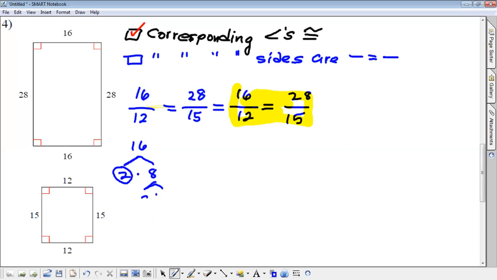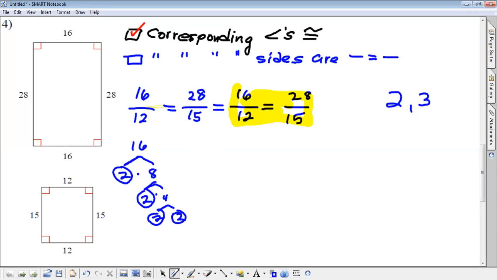Good, 2 and 4. Factor of 4, can I use 1 or 4? 2 and 2, and what you should know by now is 2 is prime. So I'm done with 16, they're all prime numbers.